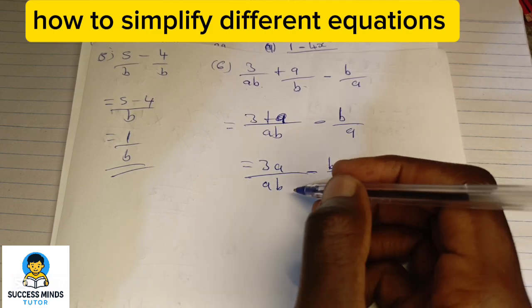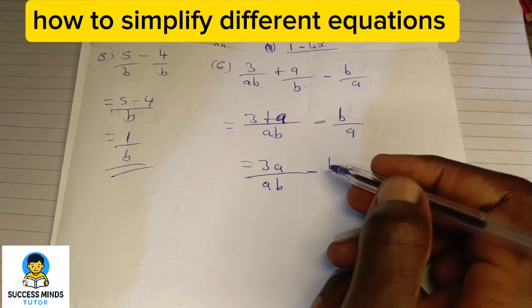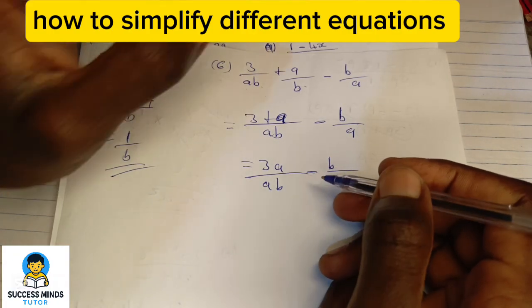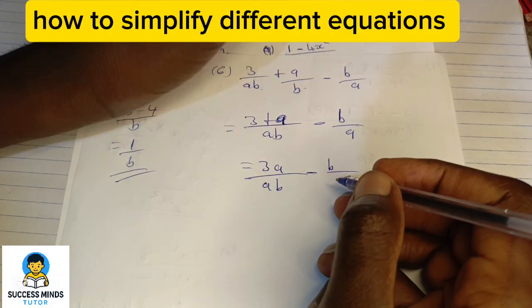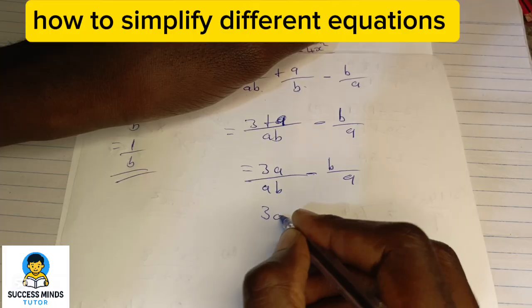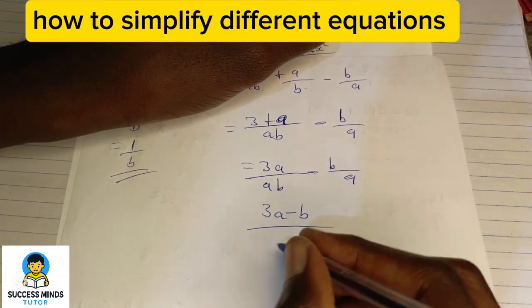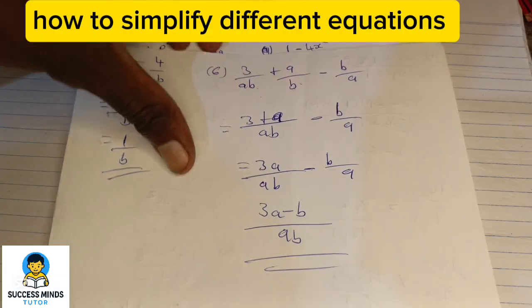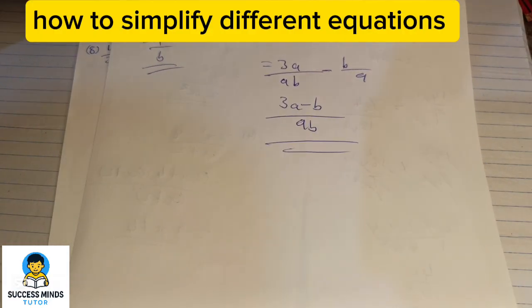So from here they're saying what is 3a minus b. The minus simply means subtract. So it's going to be 3a minus b over ab. That's our answer, guys.